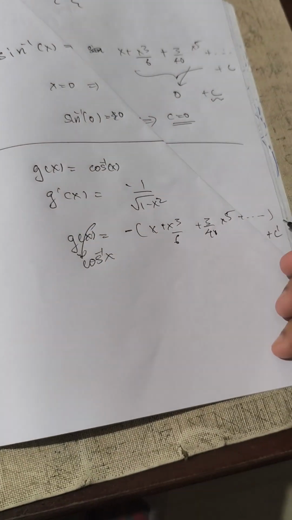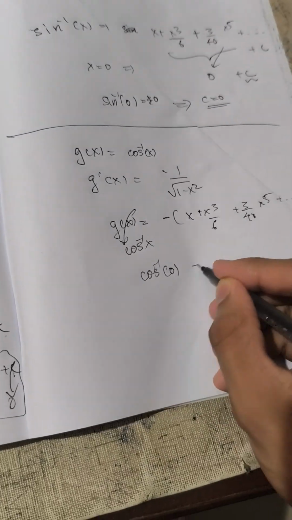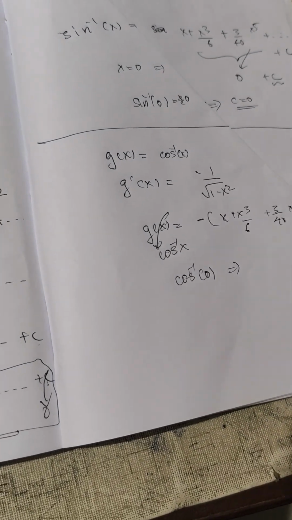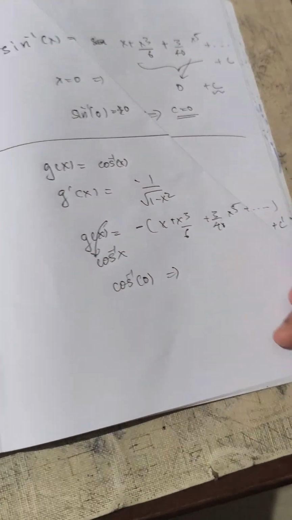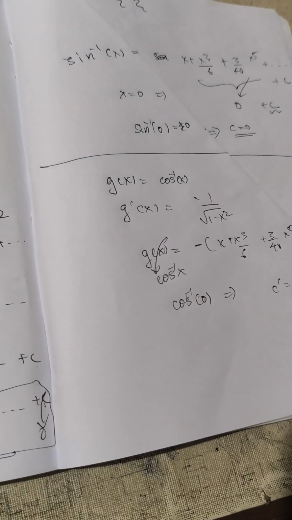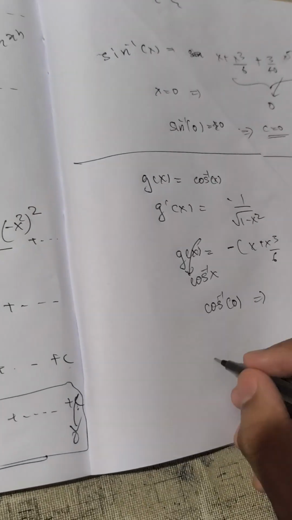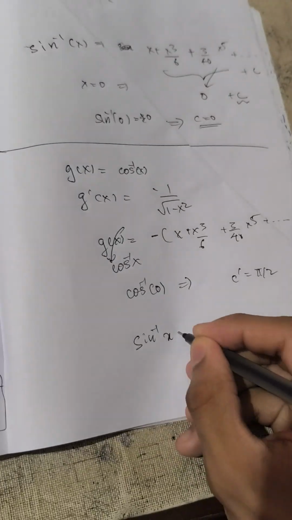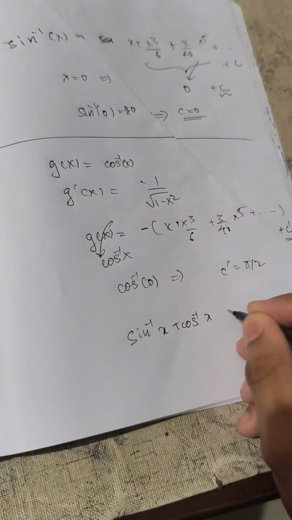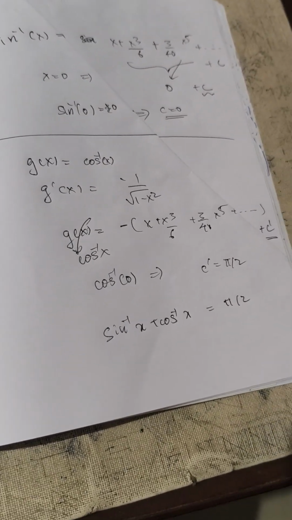Let me name it as c dash. If I put x as 0, cos inverse of 0, you know the value of cos inverse of 0 is pi by 2, and this whole term becomes 0. So c dash is equal to pi by 2. So this constant becomes important here, and now it makes more sense because we know sine inverse x plus cos inverse x is equal to pi by 2, right?